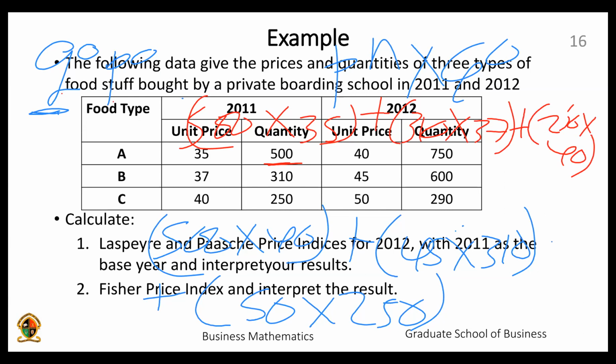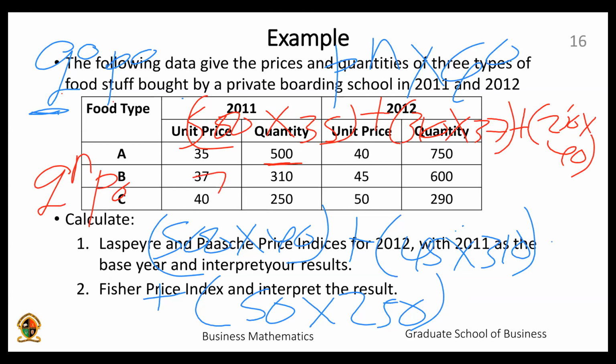The next parameter that you need is for Qn P naught, meaning new quantity times the old price. The new quantities are the quantities for 2012.